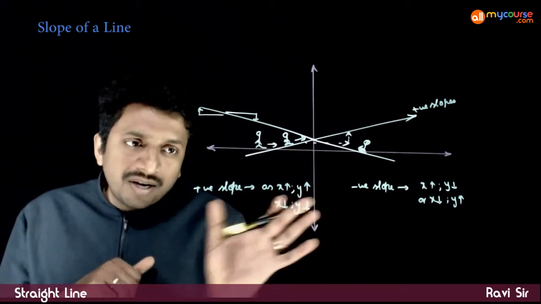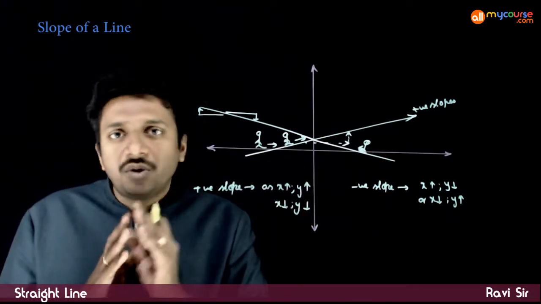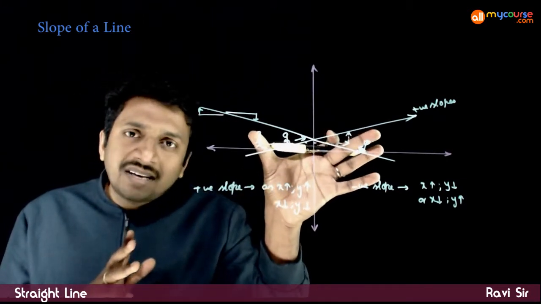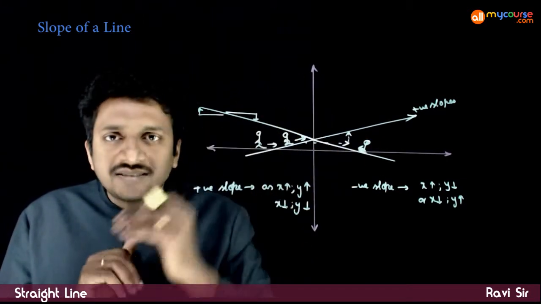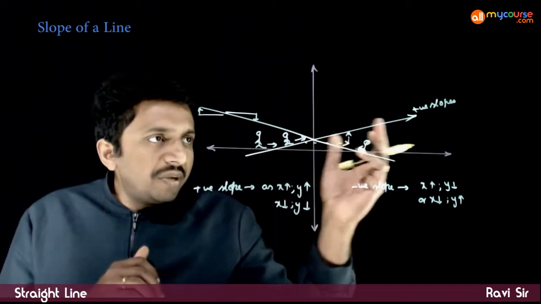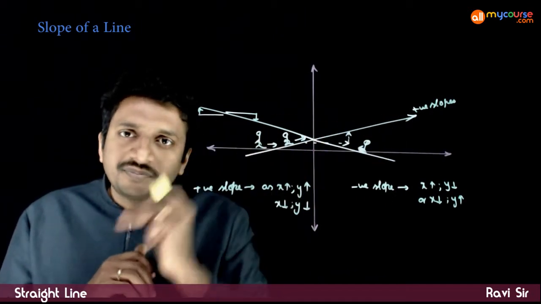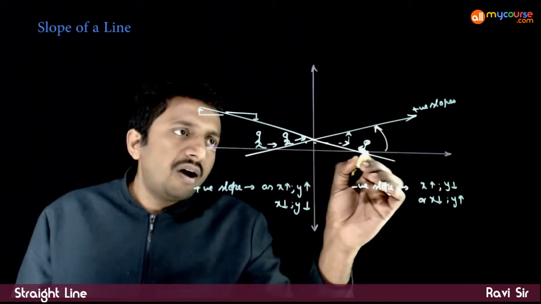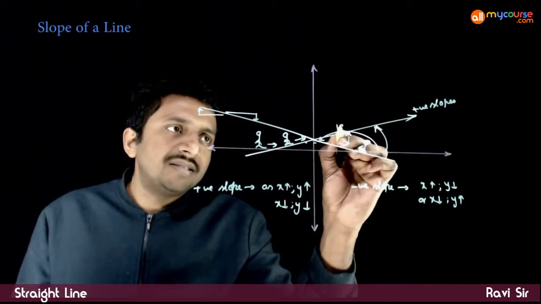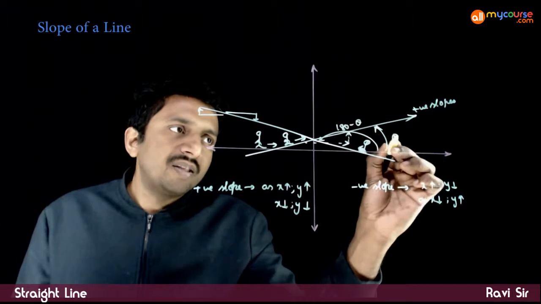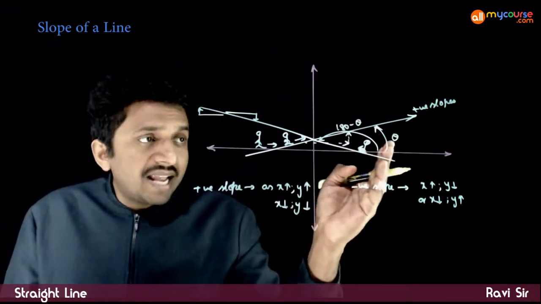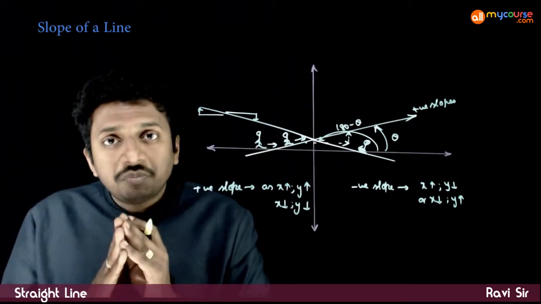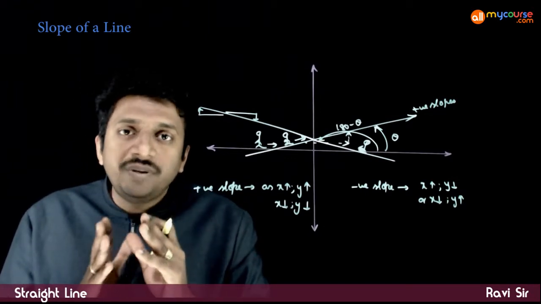So I hope you understand the difference between positive slope and negative slope. But if the lines are something like mirror images about y-axis, numerically these two slopes will be same. That is, if a line makes an angle theta or 180 minus theta, numerically both the slopes will be same.